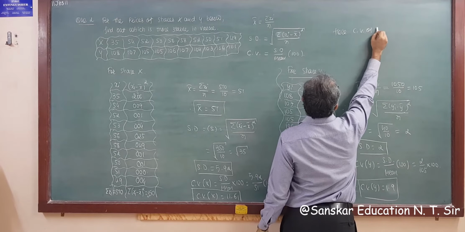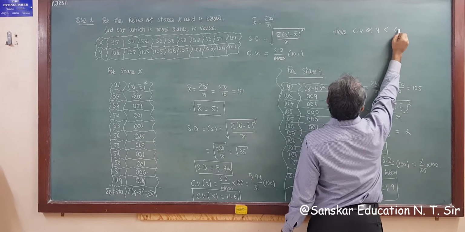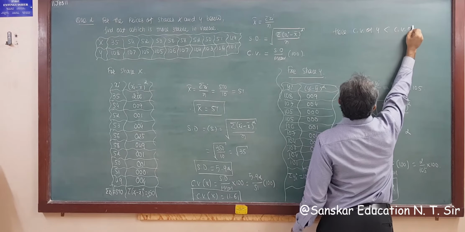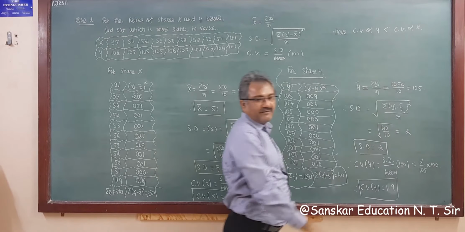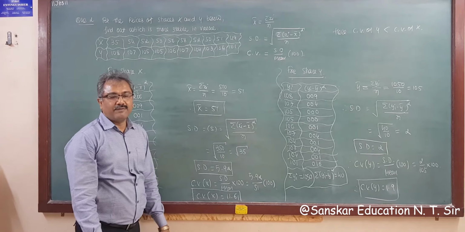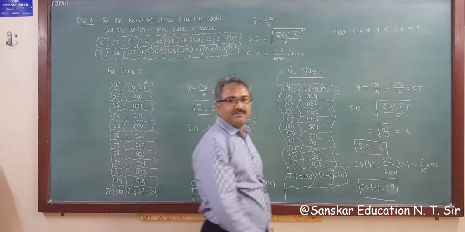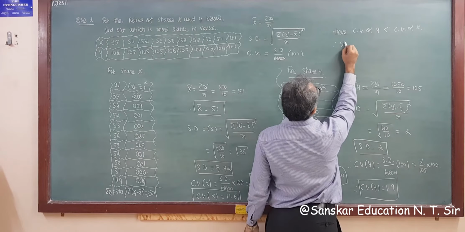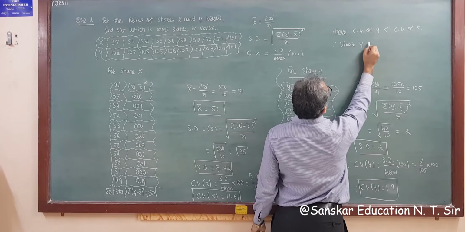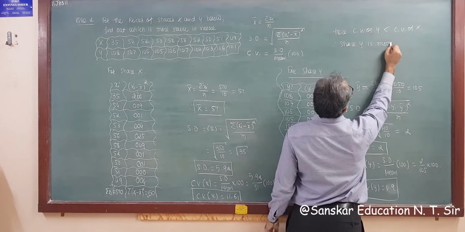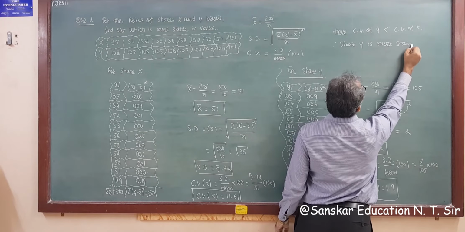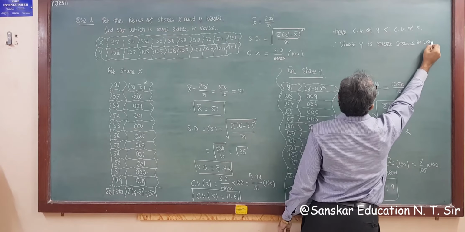CV of y is less than CV of x, so set y is more stable in value.